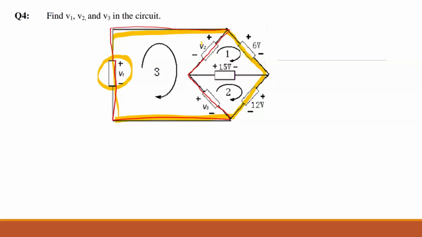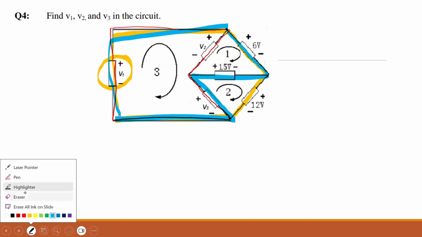We already found V3 and V2, but even the other path is okay, it's up to you. Any closed path, it can also be this path. As long as it is a closed path, you can start from one point and come back to the same point. So you can use any closed path.